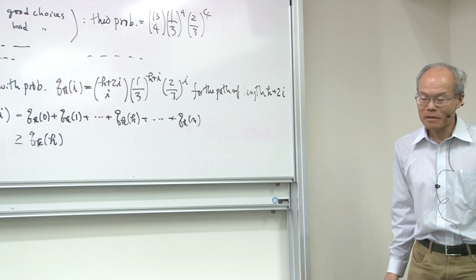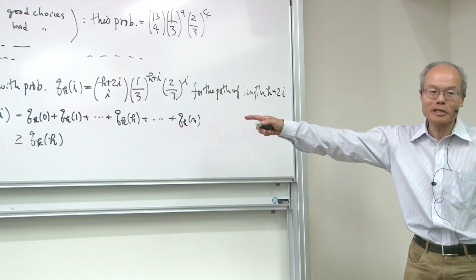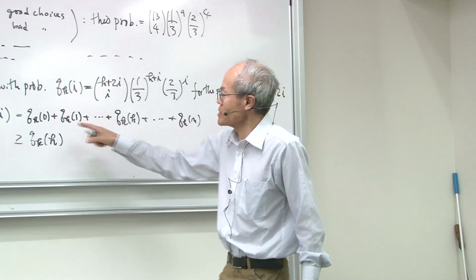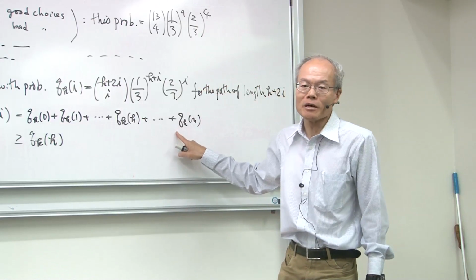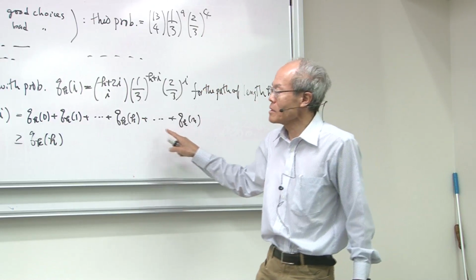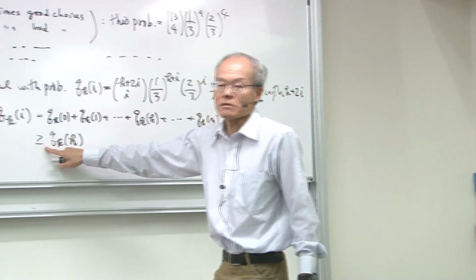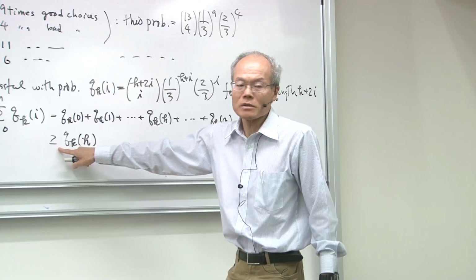Why is that enough? Because this is exponentially small, and this is only n terms. So actually this is at least 1 over n times this value.